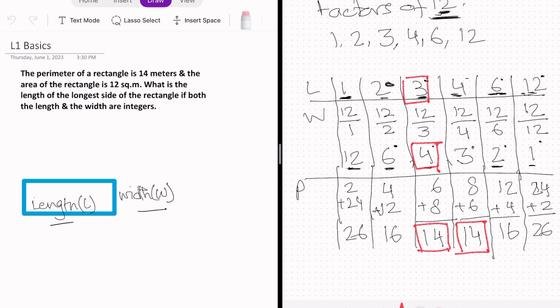Now there is another one right next to it. It says when the length is 4 and the width is 3, then the area is still going to be 12, it's 4 into 3, and the perimeter would still be 14.